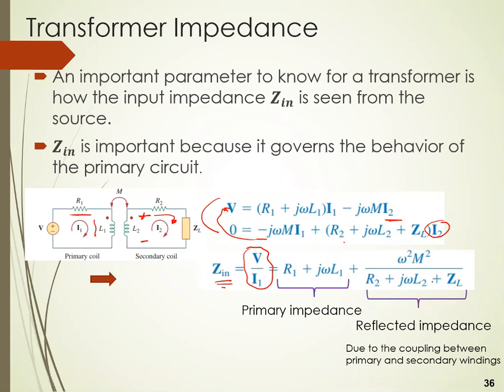The reflected impedance is due to the coupling between the primary and the secondary winding. So again, we have determined what the input impedance is looking into the primary based on these two equations, and of course on the fact that the impedance is equal to the voltage over the current I1.